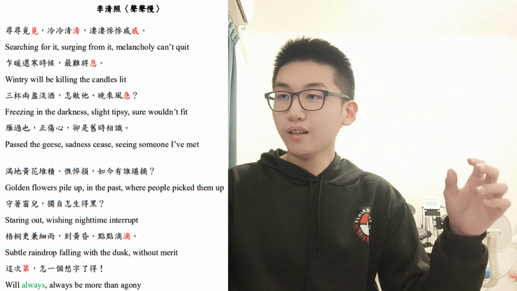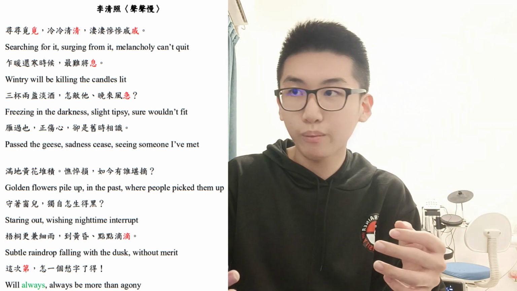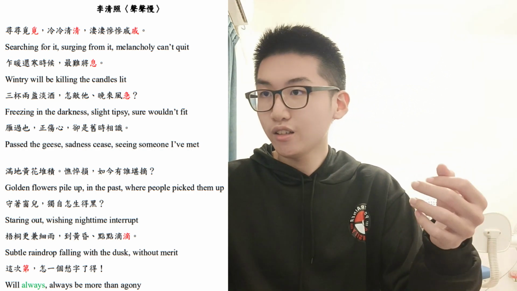So the method I use is I am trying very hard to match all the alliterating sentences with the rhymes. So for example, 寻寻觅觅 and 凄凄惨惨戚戚 is an E rhyme. So in the first sentence I wrote searching for it, surging from it. The S and the affricates ch and j are intentionally kept.